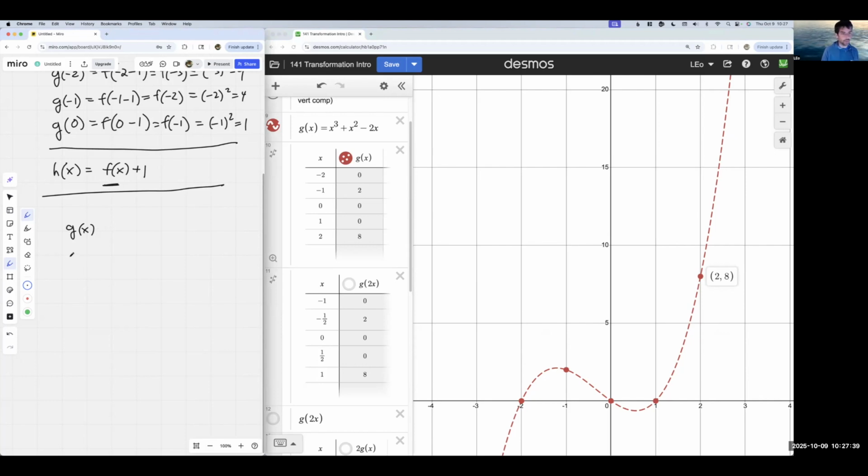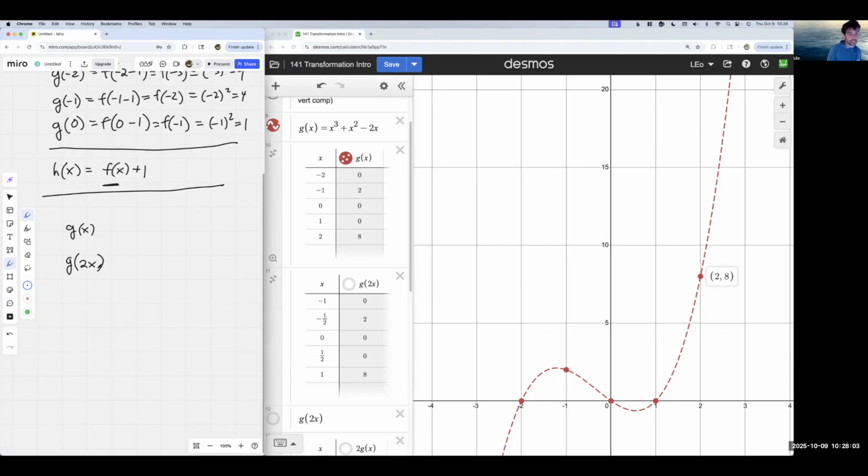I'm going to consider what would happen if I multiplied the input by 2 before handing it over to g, right? So g of x is our set of instructions that says take an input, cube that input, square that input, and multiply that input by -2, and then add those 3 things together, right? So it's a little more complicated set of instructions.